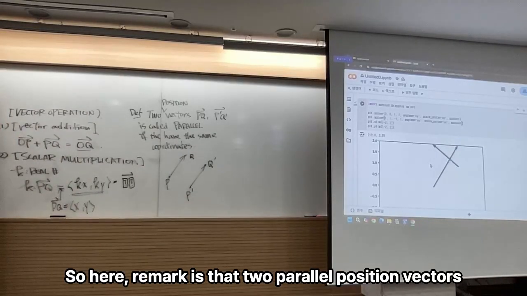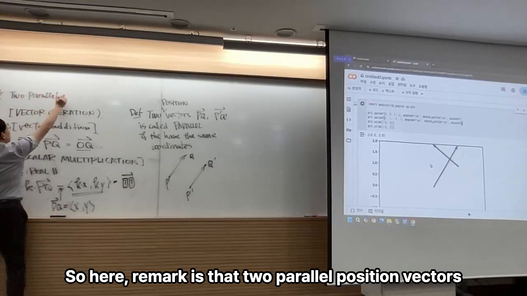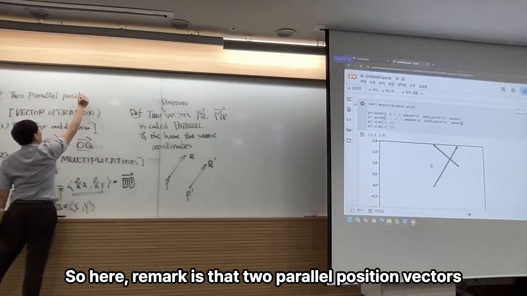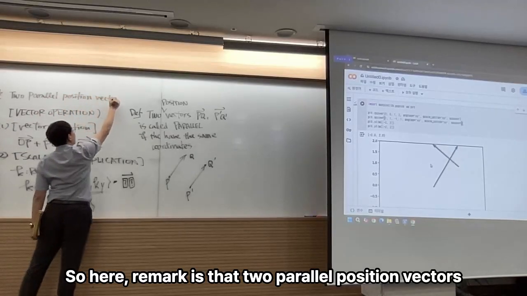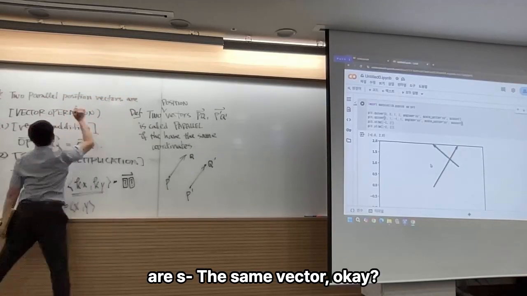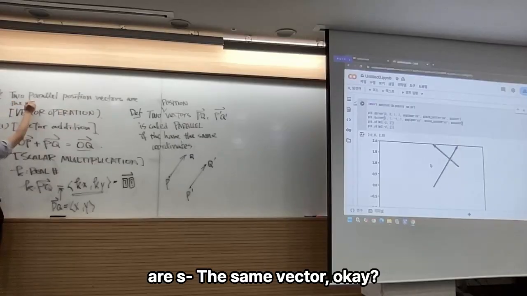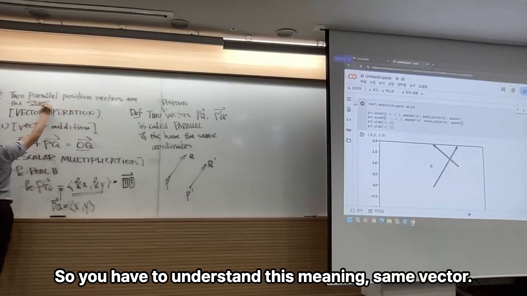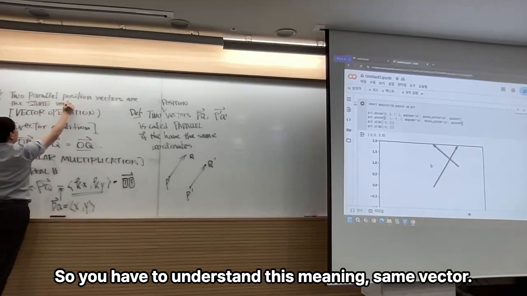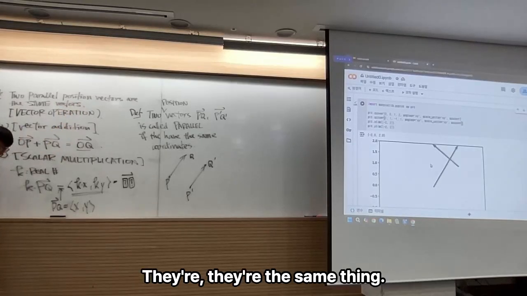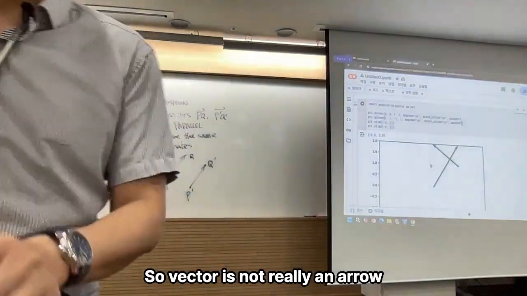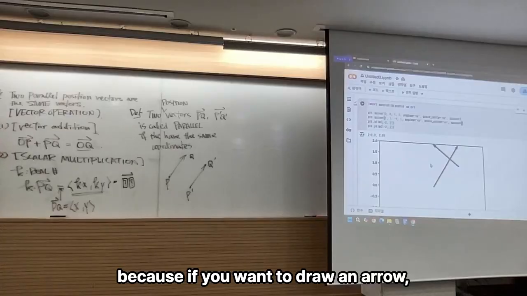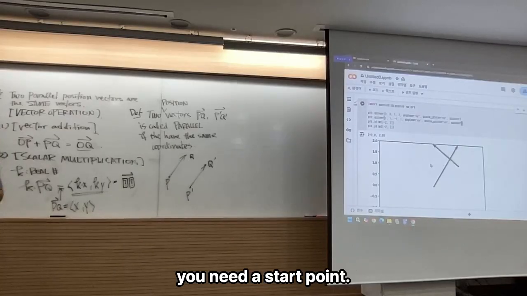So the remark here is that two parallel position vectors are the same vector. You have to understand this meaning: they're the same thing. A vector is not really an arrow, because to draw an arrow you need a start point.